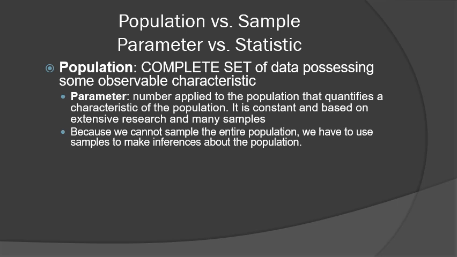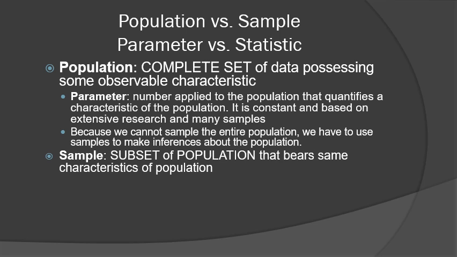However, we cannot always sample the entire population. It's rare that we can get data from the entire population. It's usually too expensive, too time-consuming, or just impossible. So therefore, we take samples to make inferences about the population. A sample is a subset of the population that theoretically bears the same characteristics.